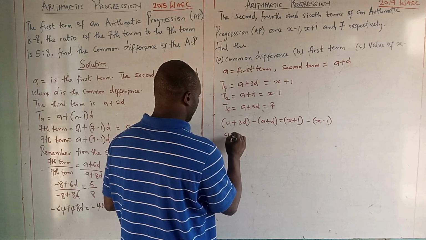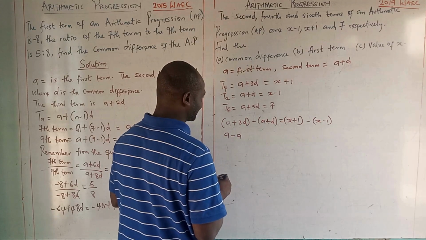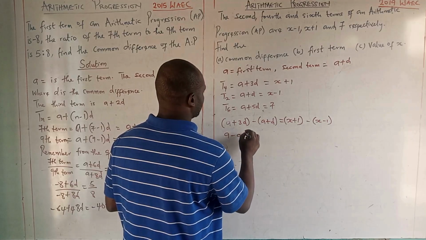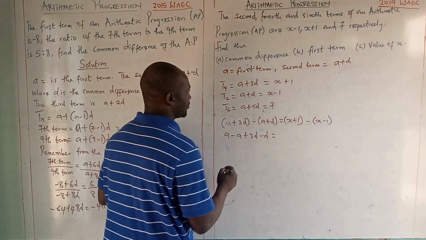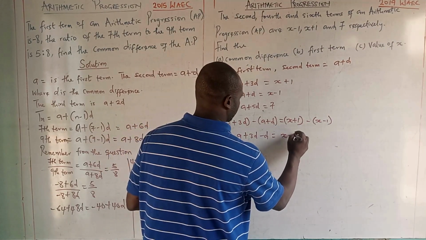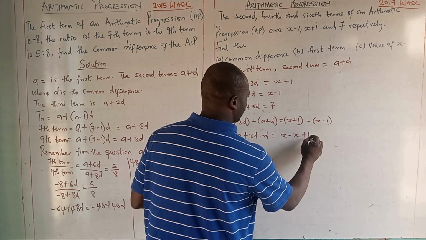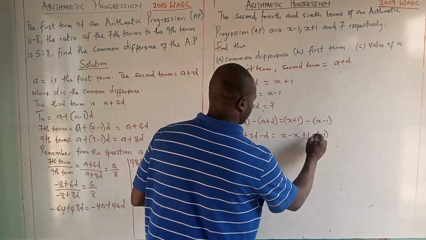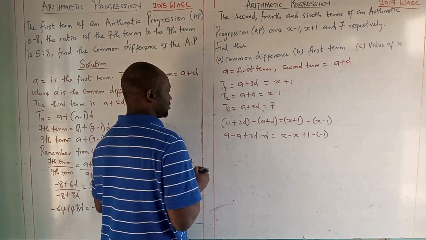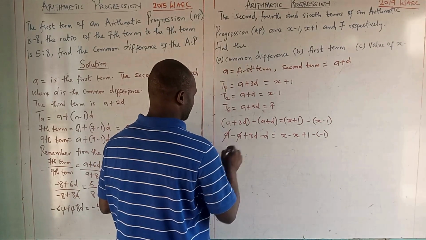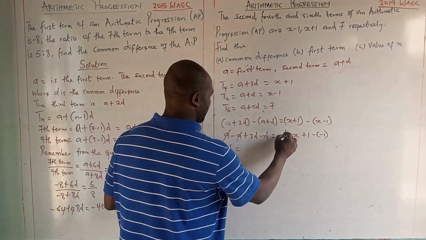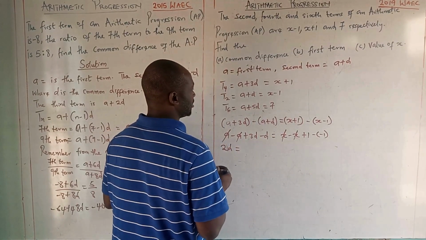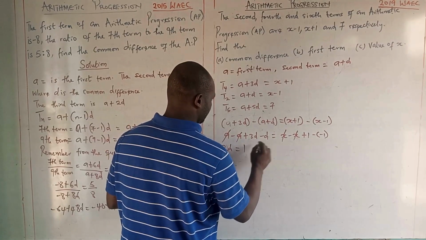We're going to have a minus a plus 3d minus d equals x minus x plus 1 minus minus 1. That gives us 2d, and then x will also cancel out, equals 1.